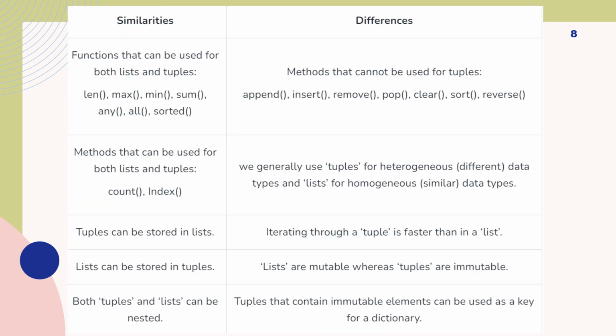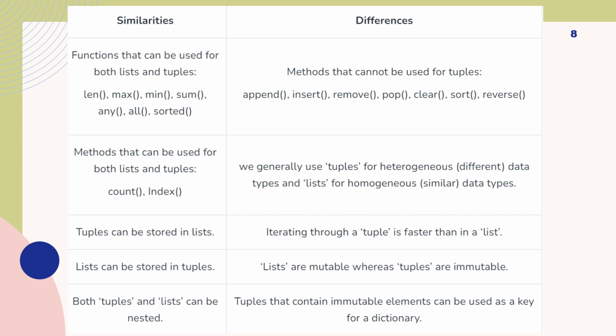So here let me discuss the similarities and differences between the list and the tuple. Functions like len, max, min, sum, any, all and sorted can be used with both list and tuple, but functions like append, insert, remove, pop, clear, reverse and sort cannot be used for tuples.